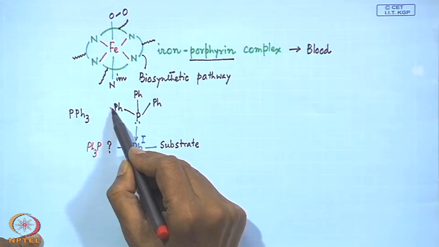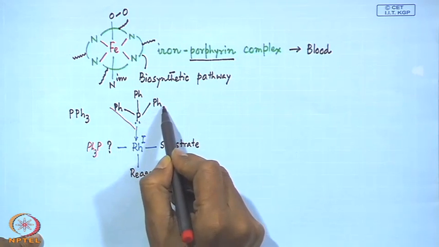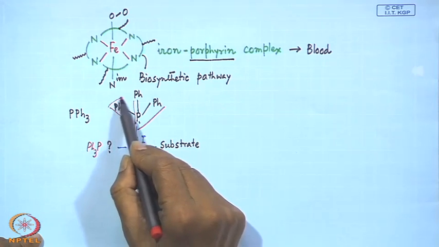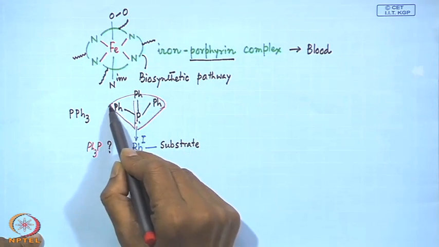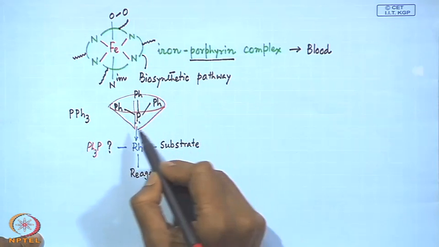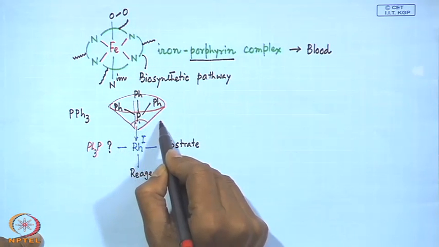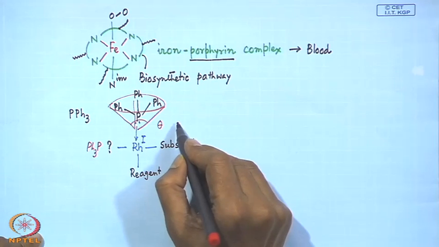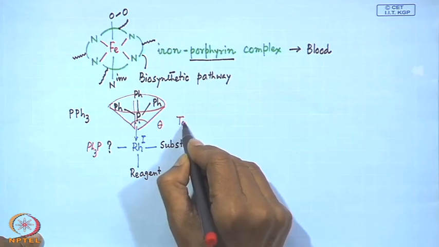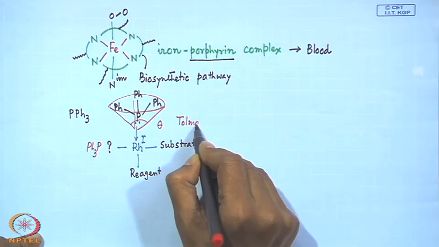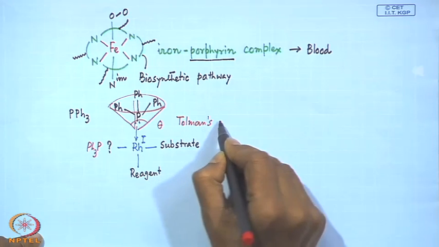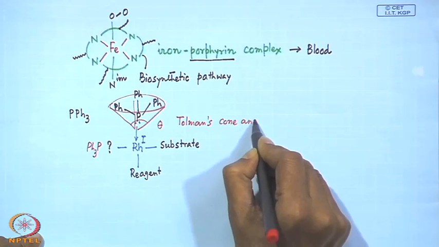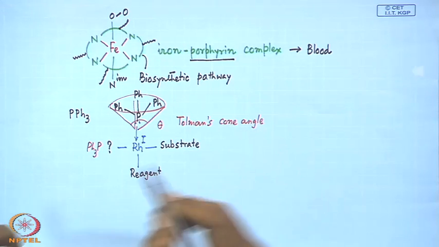This particular cone, a 3-dimensional cone, is forming, and this angle is known as theta, Tolman's cone angle.